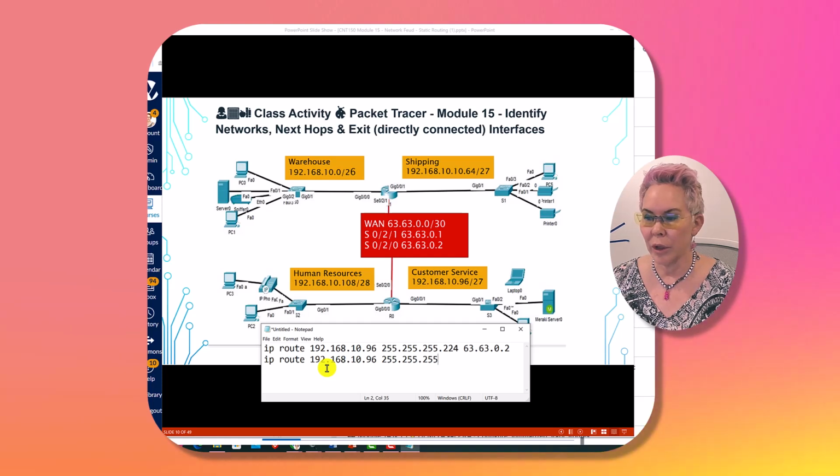192.168.10.96. I'm going to put in the destination subnet mask. Now, instead of using the next hop address, I'm using the exit interface, which is S0/2/1.